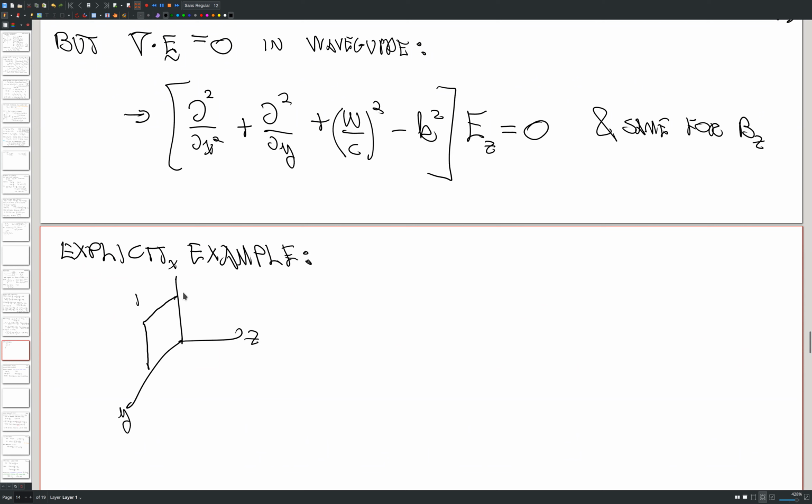Okay, so here I'll put a width a. These are like traditional notations, and width b in the y direction, and then the thing is just extended in the z direction, right? So that's our waveguide.